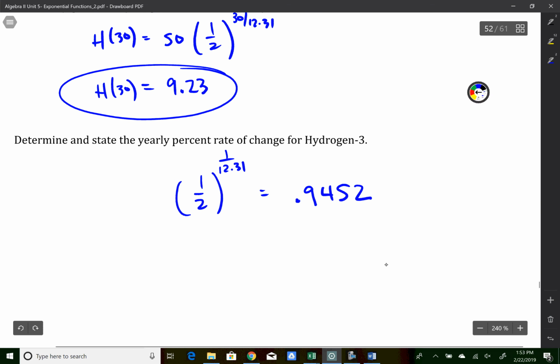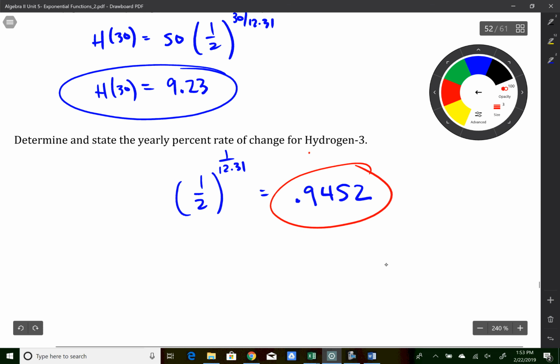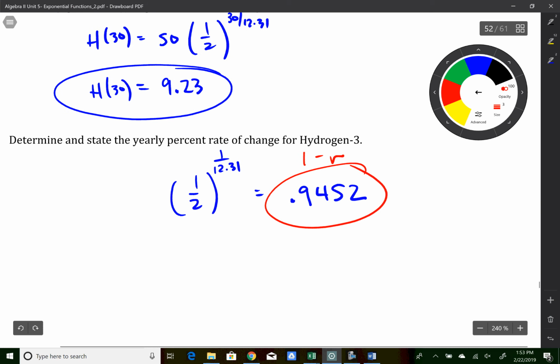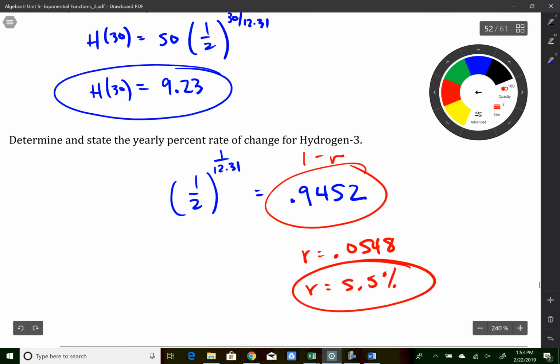And that is not the rate. That is 1 minus the rate. So we could say the rate is going to be 1 minus that number. So the rate is going to be 0.0548, and then change it to a percentage, so we have 5.5%, something around there.